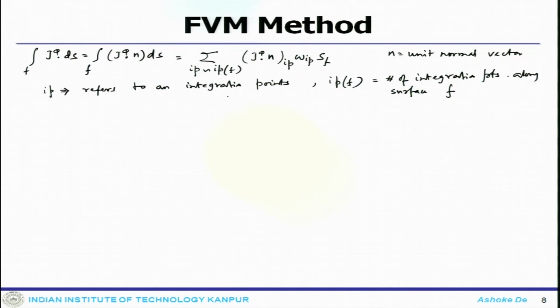Depending on the situation, how many points there are, you can always find the complete integral, and also you need this W_IP. W_IP is the weighting function, and it primarily depends on the number of integration points.